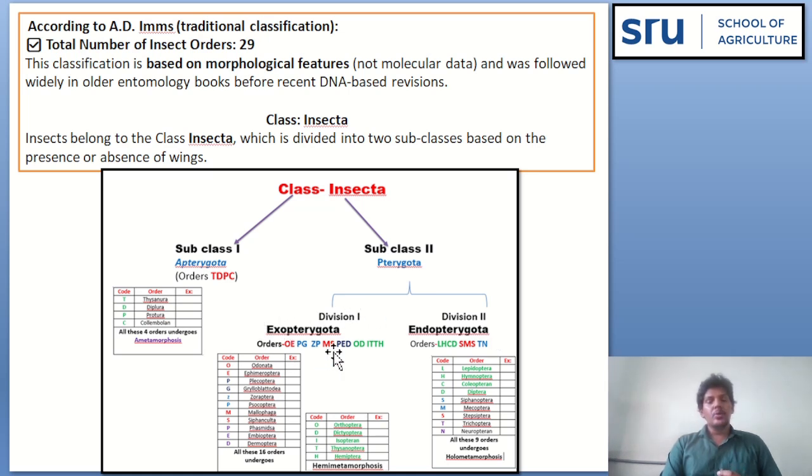In Exopterygota insects, the wing buds develop outside in the nymphal stage. But in Endopterygota, the wing buds develop inside the larva in the larval stage.